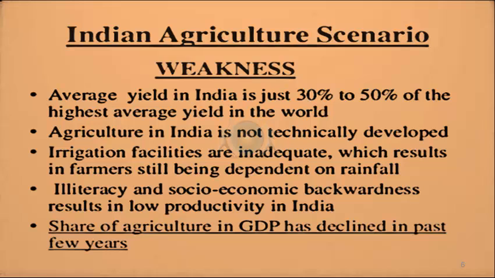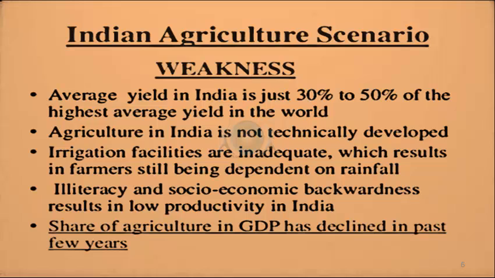Despite all this, it is an undeniable fact that Indian agriculture suffers from many weaknesses. The average yield in India is just 30 to 50% of the highest average yield in the world. Agriculture in India is not technically developed.